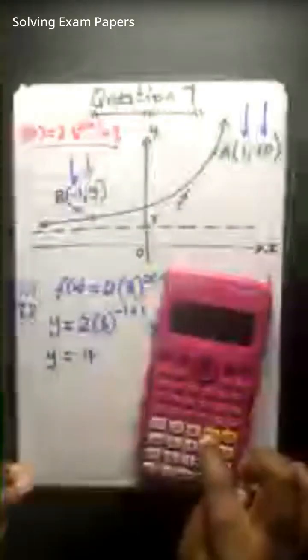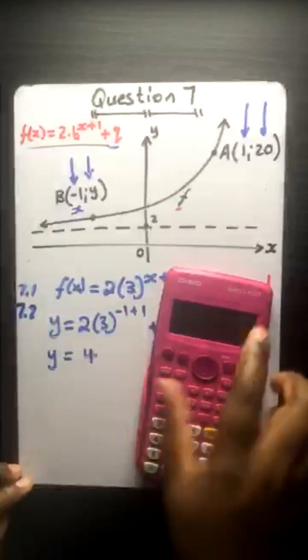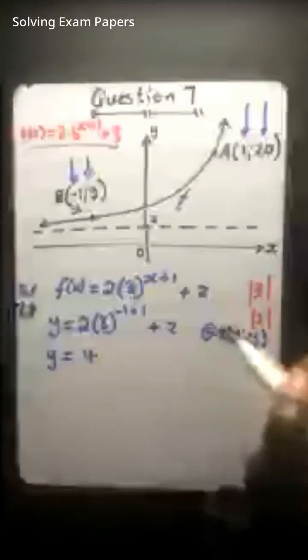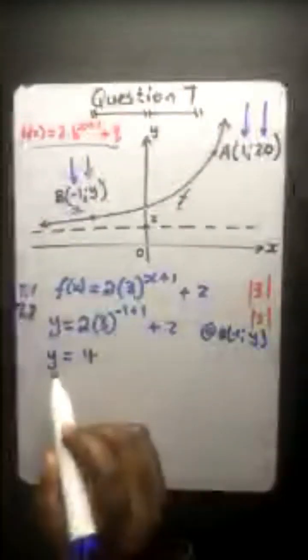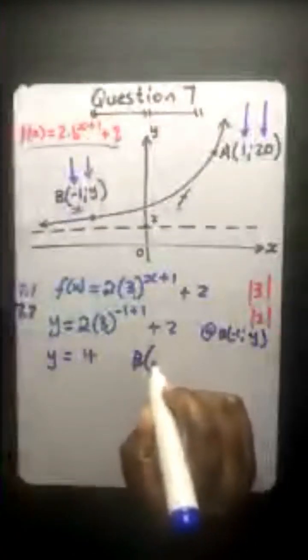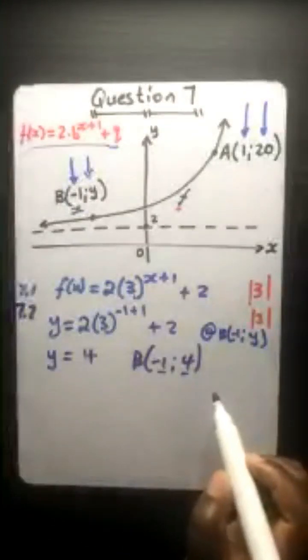Oh, yes, it is 4. So that means the y coordinate is equal to 4, meaning point B has the coordinates -1 and 4.